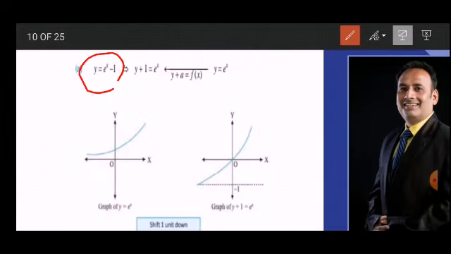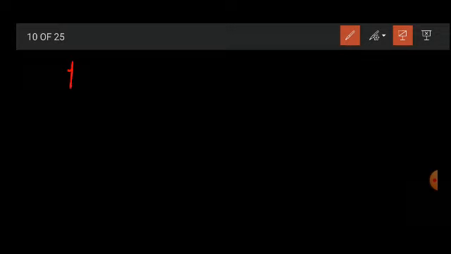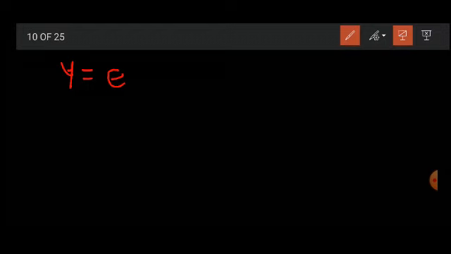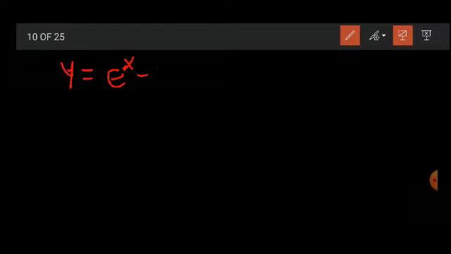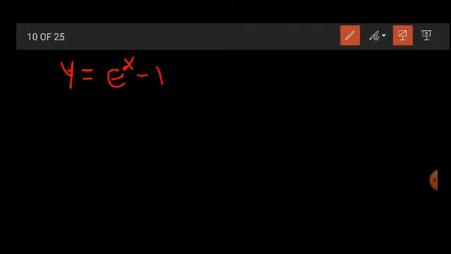Okay, fine. So y equal to e power x minus 1, right? First of all, we have to do shifting along the y-axis, as you can also say y plus 1 equal to e power x.